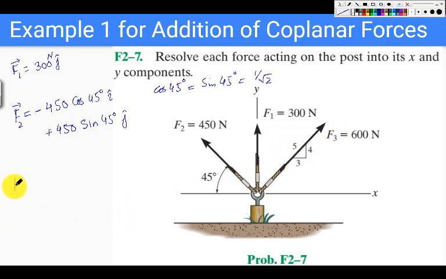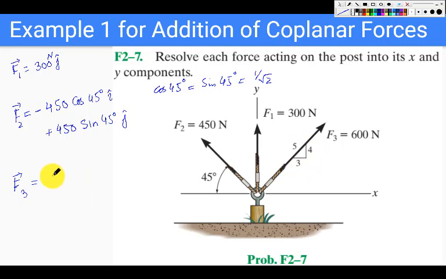For F3, again, both the x and y components are going to be positive. So this is F3, and the x component has a ratio of 3 by 5, and the y component has a ratio of 4 by 5.